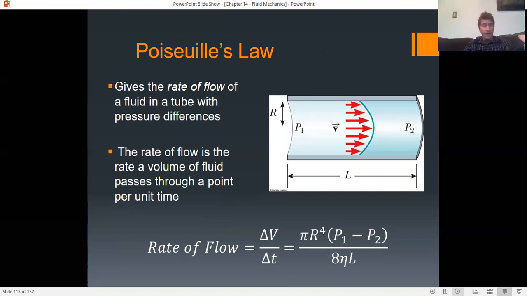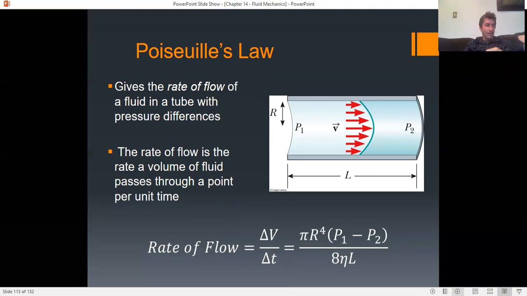In terms of the profile, going through a circular tube, we have, I can never pronounce this properly, Poiseuille's law. I'm hoping I'm close. But Poiseuille's law gives us the rate of flow through any circular tube.